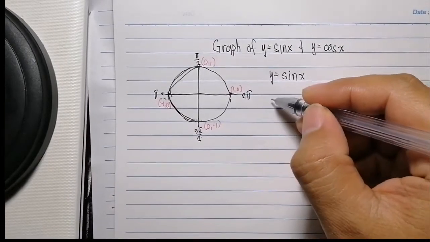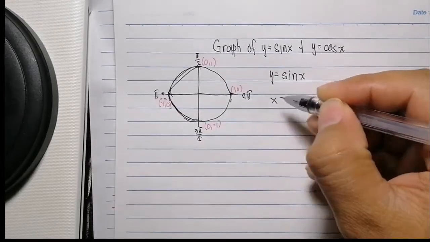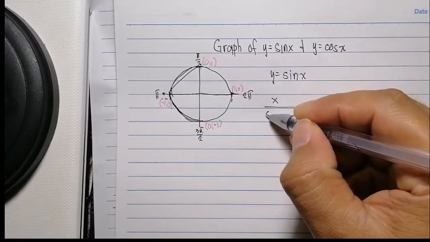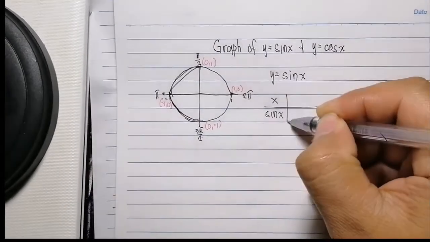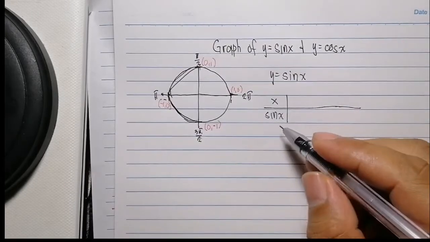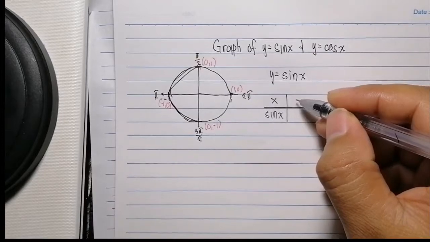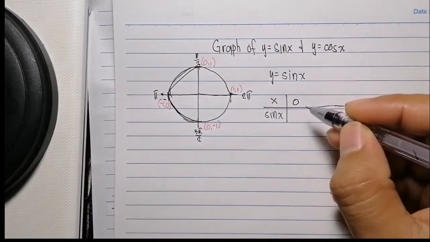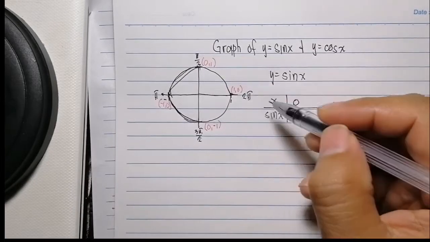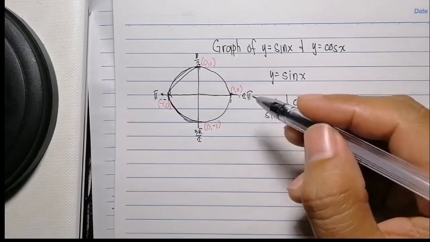So, say for example, we have x, and the other one is we have sin x. Okay. Now, if x is equal to 0, then sin x is equal to 0.